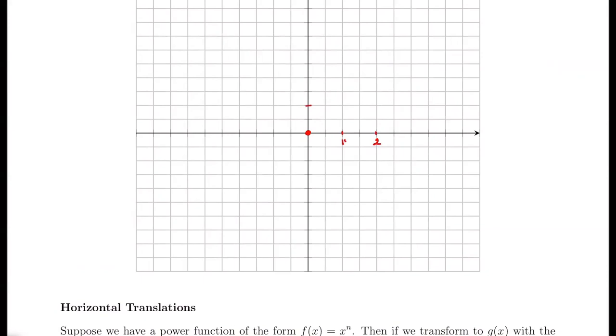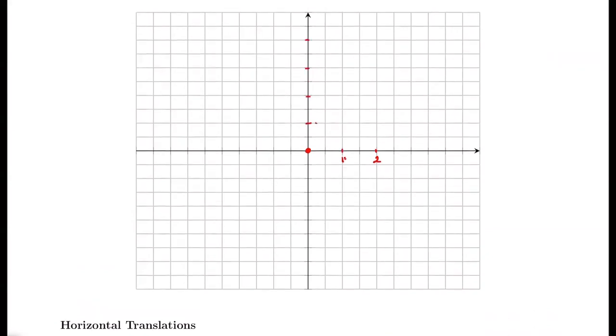But this time on the y-axis, I'm going to go up by 2's each tick, so 2, 4, 6, 8. And the same thing on the other side, we're going to have -1, -2, and -2, -4, -6, -8.